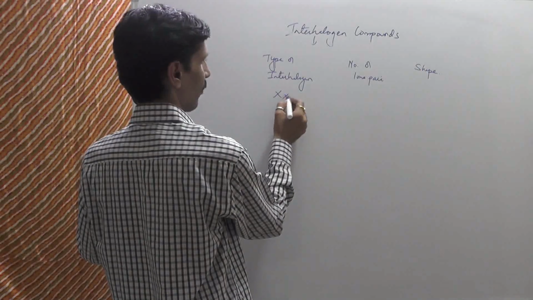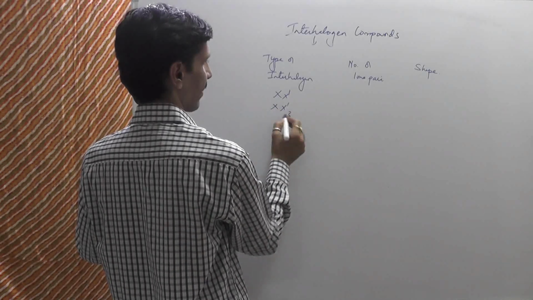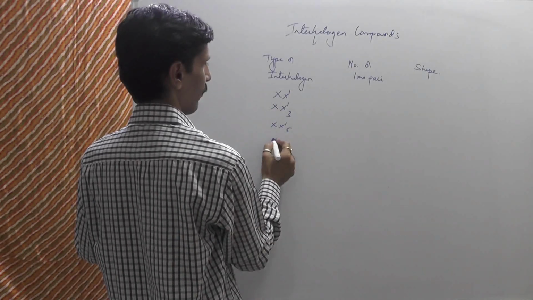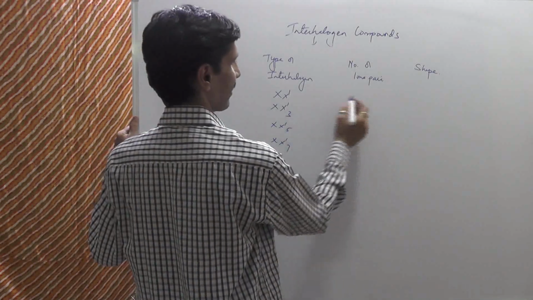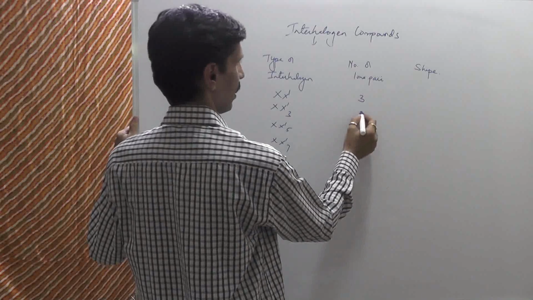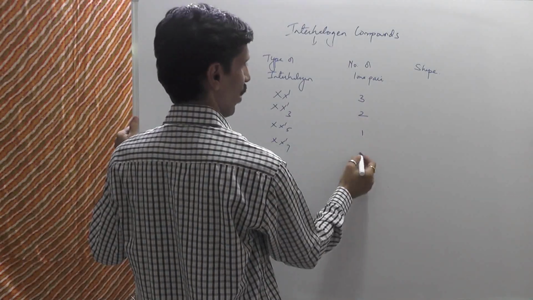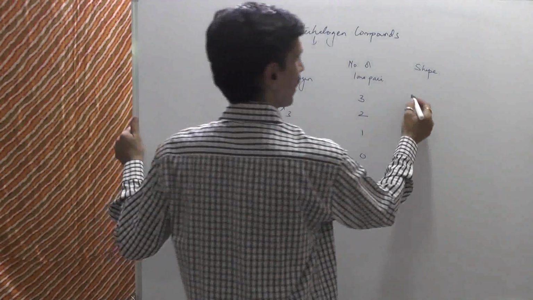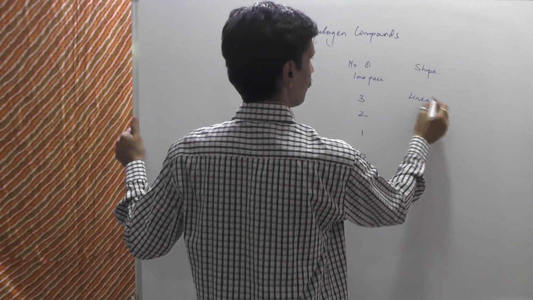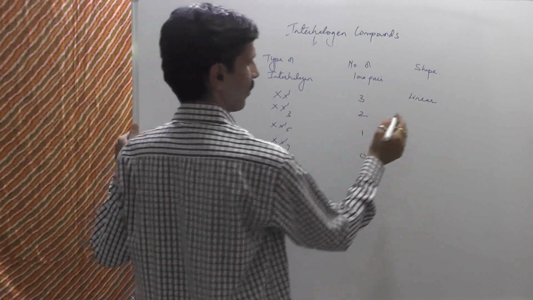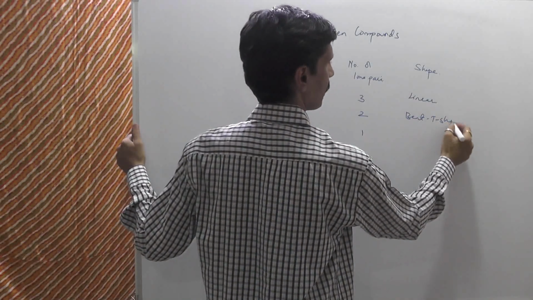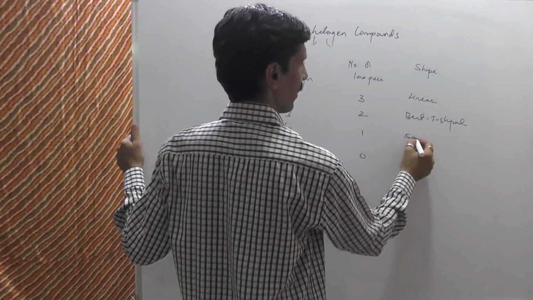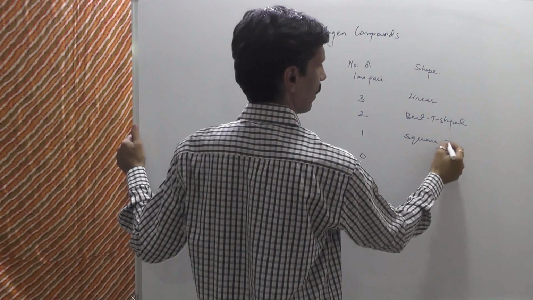So the types of interhalogen we have are XX', XX'3, XX'5, XX'7. When we talk about the number of lone pairs, for XX' it is going to be 3, then it is 2, then it is 1, and then it is 0. Here it is linear. In XX'3 it is going to be bent T-shaped. Here it is square pyramidal.